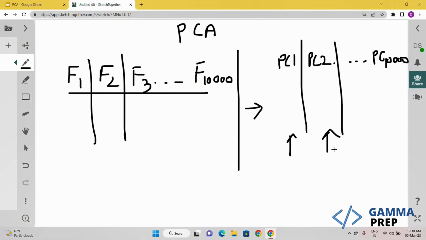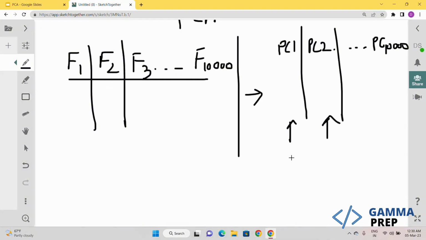The second one will have the second most content or variability or information of the data, followed by PC3, PC4, and so on. If the first contains, let's say, 60% information of the data, the second might contain 20 or 25%. The next would contain probably 15%, and so on.